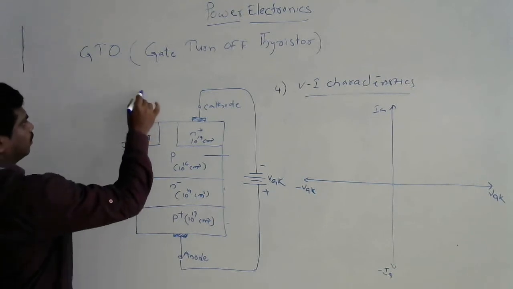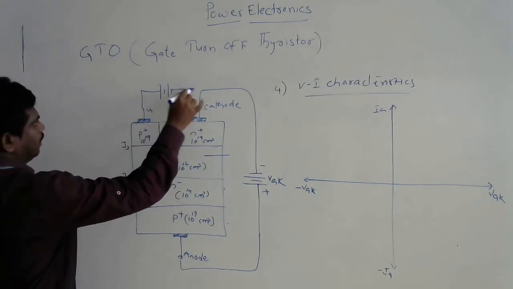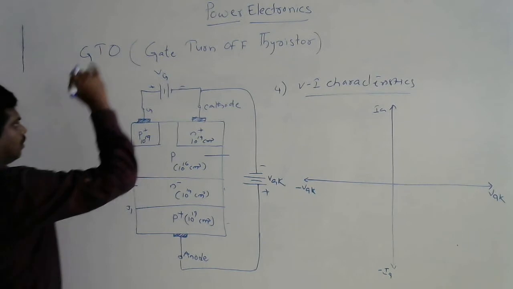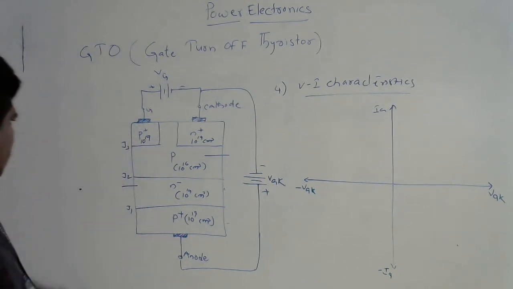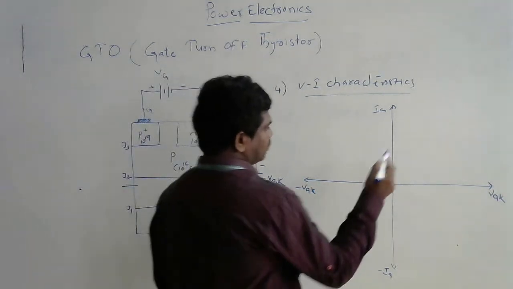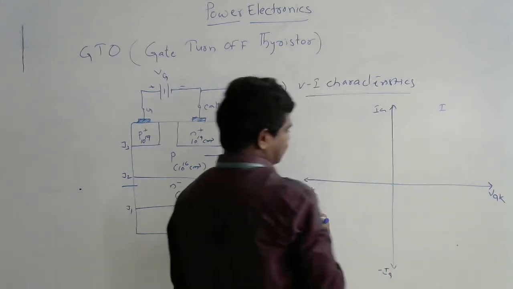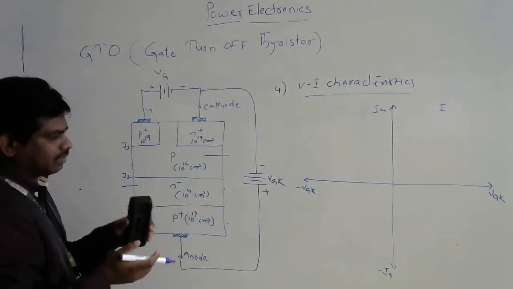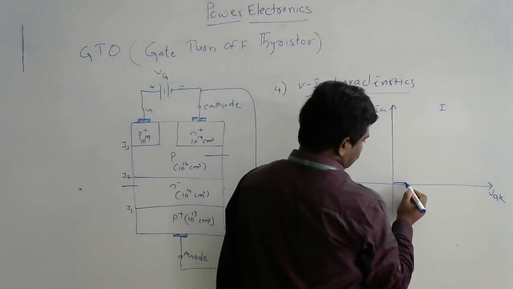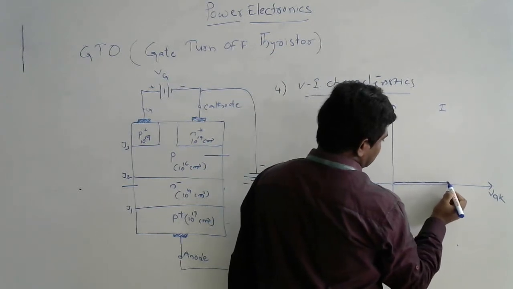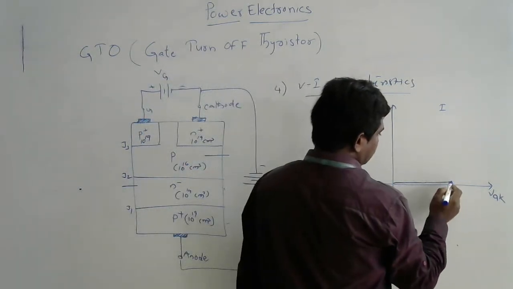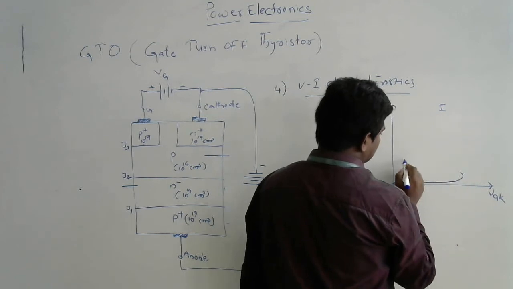And here also, positive is connected to the gate of the device and negative is connected to the cathode. These are my connections for the positive side characteristics, that is, first quadrant operation. These are the characteristics you can see in the case of SCR also. Initially there will be a voltage drop. Then the forward breakover voltage comes automatically, and the device goes into the on state like this.